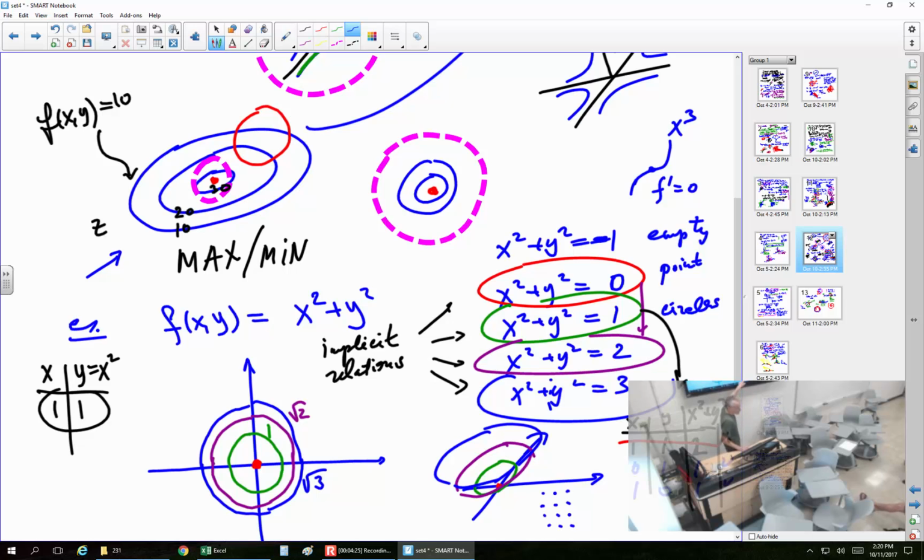See what I did here: I took these circles and lifted them according to the corresponding value of z, and then they form some kind of cone. You can confirm that. This is the top one, and the rest are lower, like this. Some kind of cone.